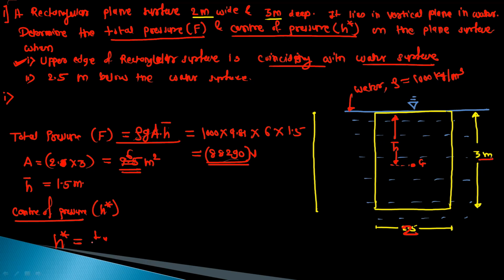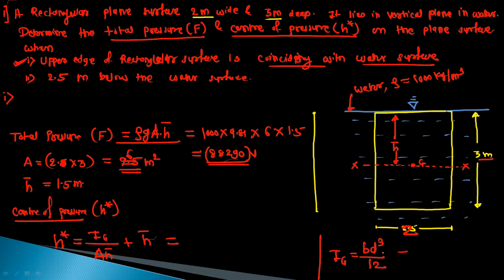So h star is equal to Ig upon A h bar plus h bar. So we have to find out the value of Ig. Here Ig is equal to, as it is a rectangle, b d cube upon 12. This moment of inertia is about this axis, which is the centroidal axis. I will assume this to be XX.